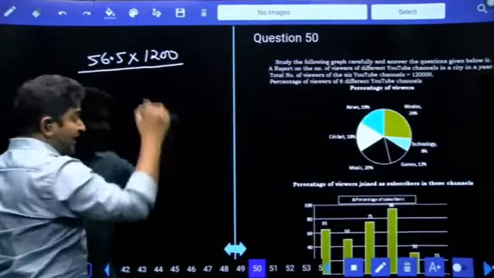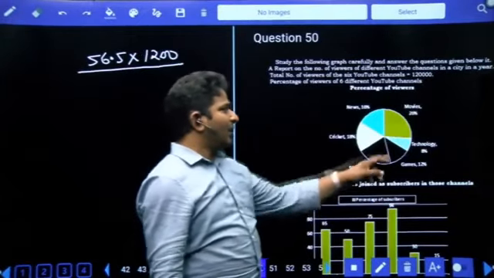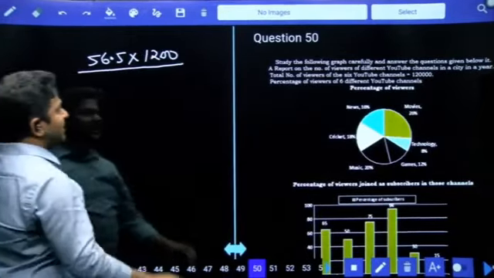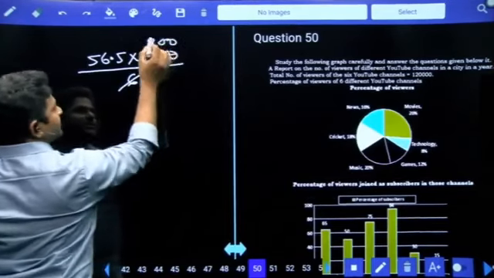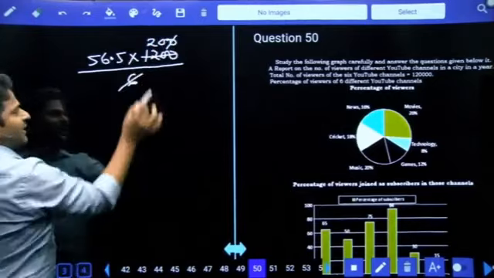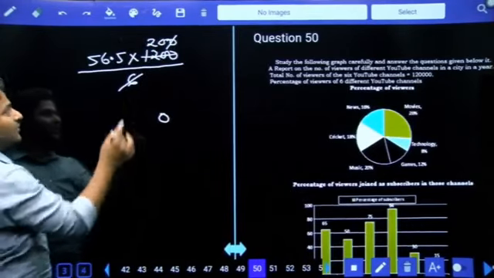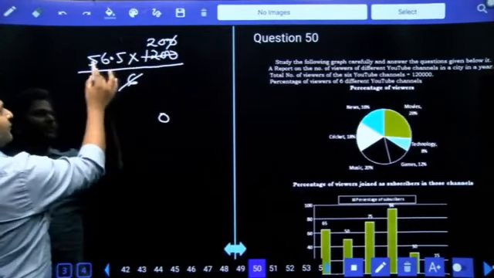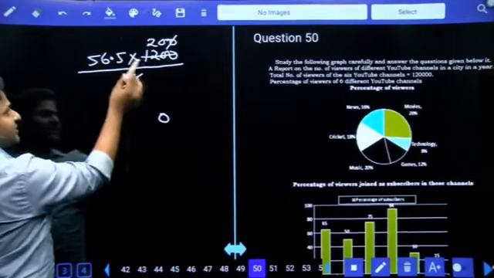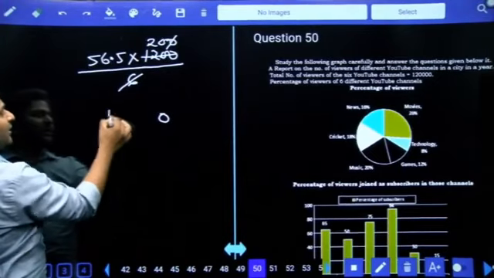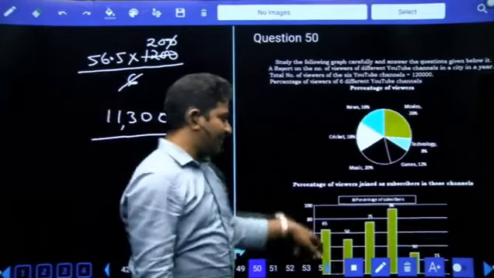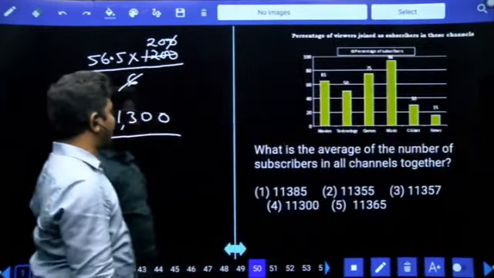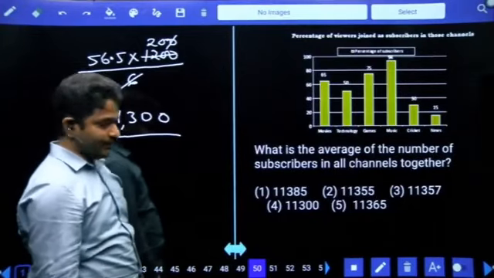As you're asked to calculate average, average for how many areas are there? 6 areas are there. 6 200 times. 10 and decimal can be cancelled and still you have one more 0. 565 2 times. 500 2 times 1000. 65 2 times 130. Total 1130. 11,300 subscriptions are average number. That is equal to fourth option.